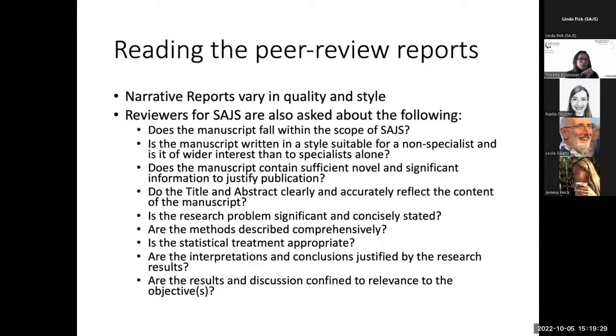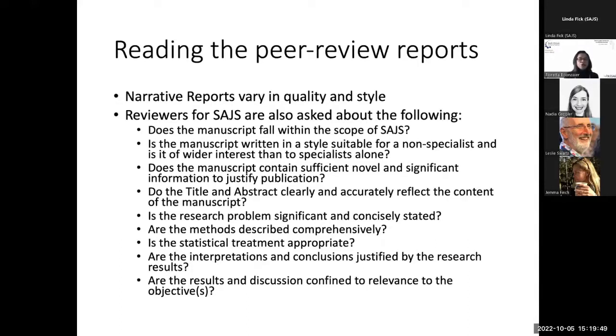At most journals, reviewers are asked to write a narrative report, as has been illustrated in the previous presentation, a narrative report that goes into some detail about the strengths and limitations of the manuscript being reviewed.